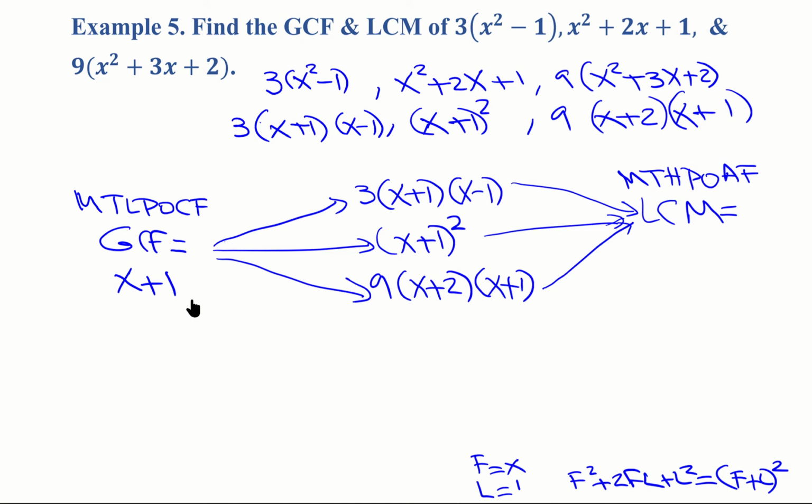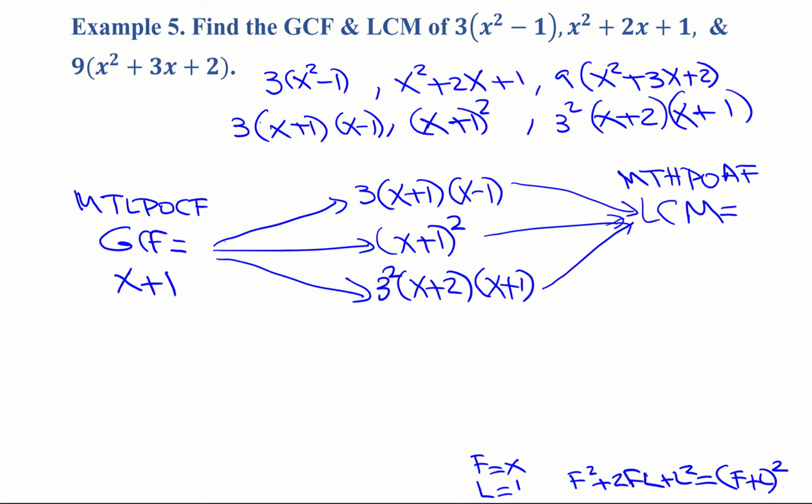For the LCM, we need all the factors present, and then we'll take the highest one of each. So a good idea here, since 3 is a prime number already, right? But if we really want to stick to principles, let's go ahead and write 9 as 3 squared, right? That's the fully factored form of 9. And let's go ahead and bring that down here too. This will help us find the LCM more easily.